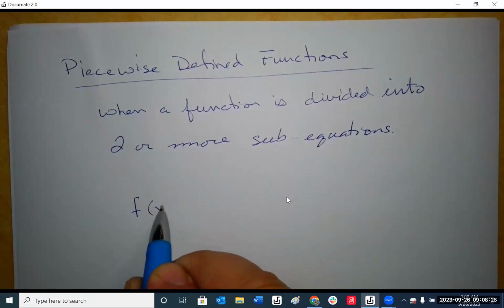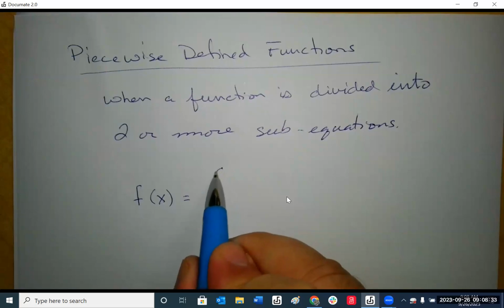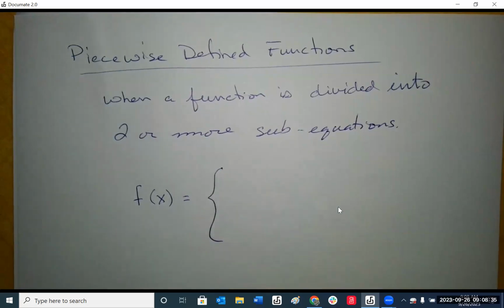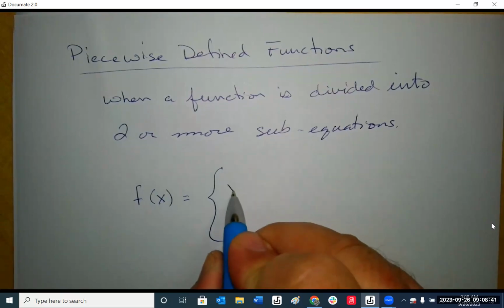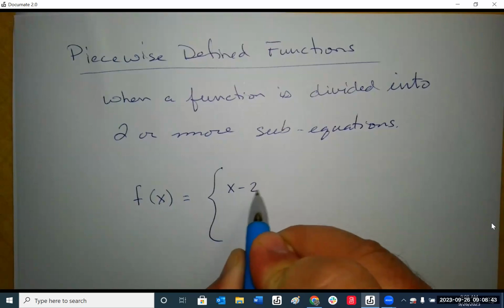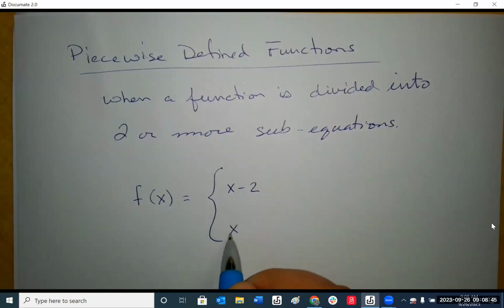For example, here's our function. Let's say this one is x minus 2, and this one is x squared.